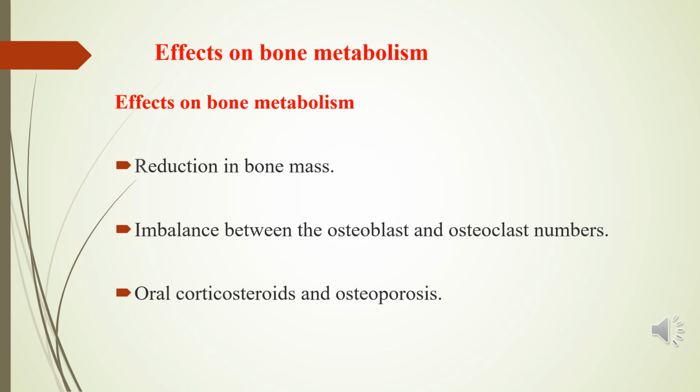Also, cortisol or glucocorticoids have effects on intestinal calcium absorption, renal tubular calcium absorption, and may be responsible for secondary hyperparathyroidism. And the effects of prolonged oral corticosteroids may lead to osteoporosis and increase the risk of fractures in patients on cortisol therapy for long periods.